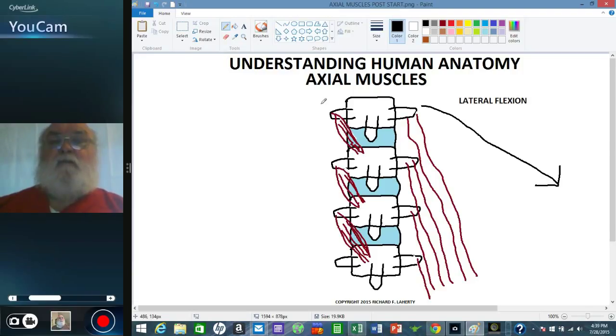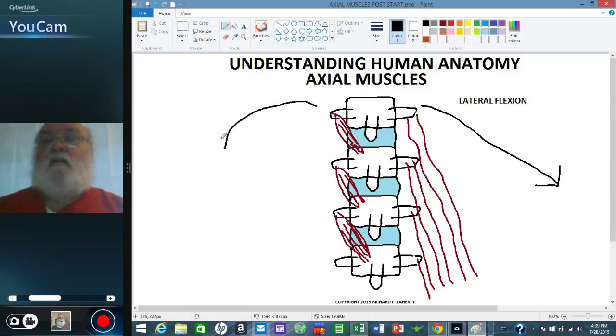So it would cause the body to turn, in this case to look to the left.